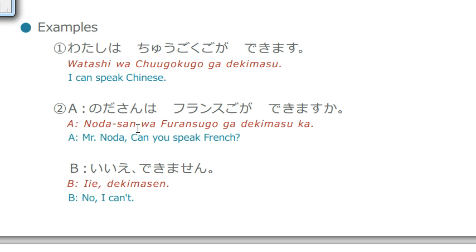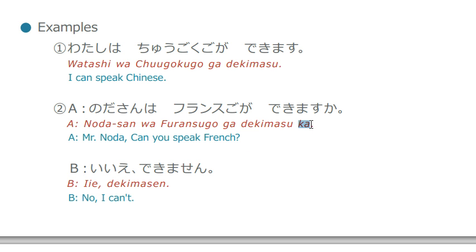So in this sentence here, we've got a few differences. We've got the standard dekimasu, ga dekimasu, and in front of that we have the language. But instead of watashi wa, we have Noda-san wa, because we're not talking about ourselves, we're talking about Mr. Noda. The other difference is the ending.